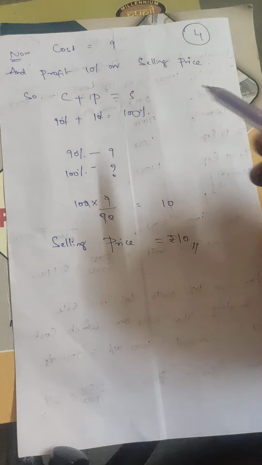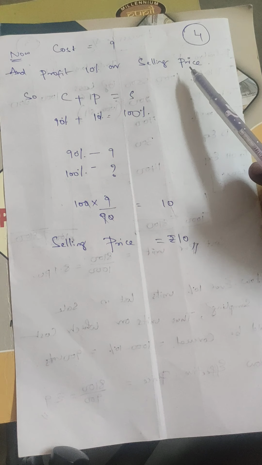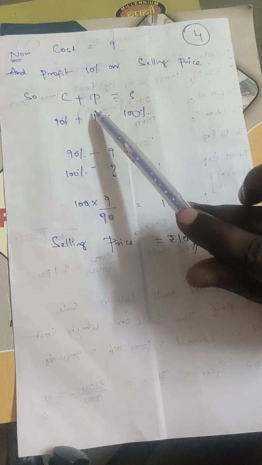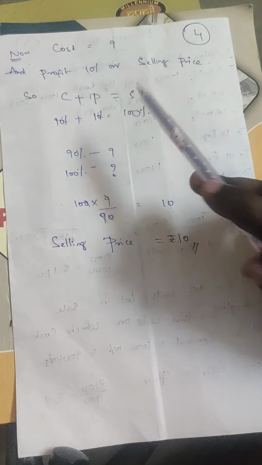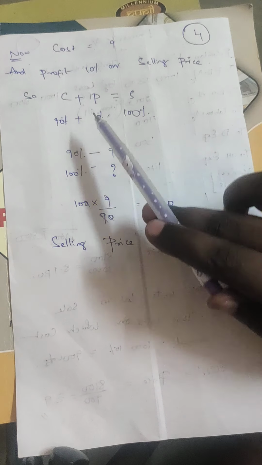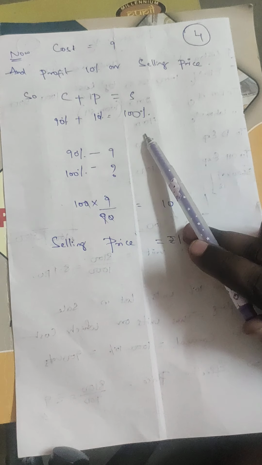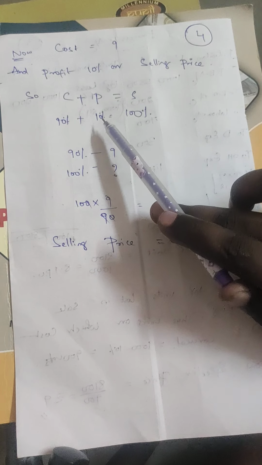For selling price he has given some conditions. Now the cost is 9 rupees and he is telling us the profit is 10% on selling price. We don't know the selling price. For that I am using a small formula: cost plus profit is equal to sale. That is, cost price plus profit is equal to selling price. So 10% profit on selling price. I am assuming the selling price is 100%, and 10% of that is profit.